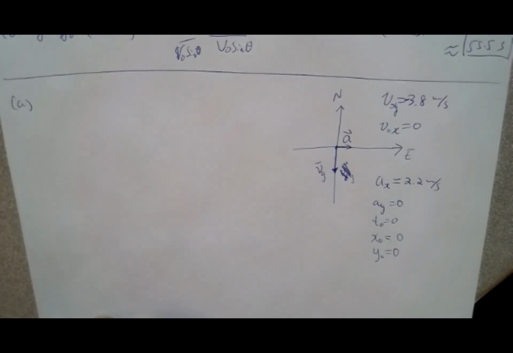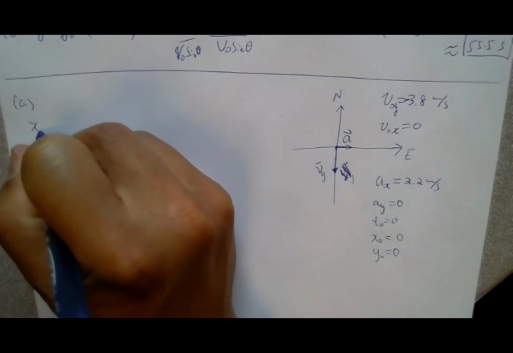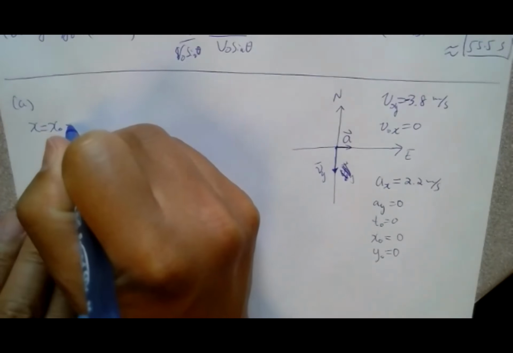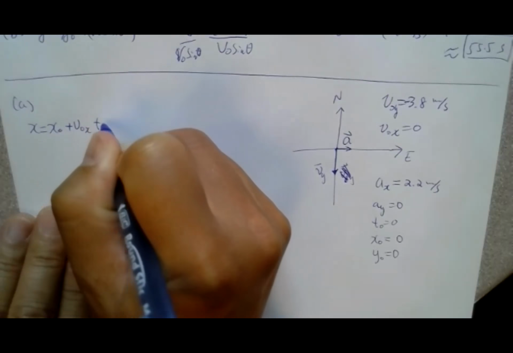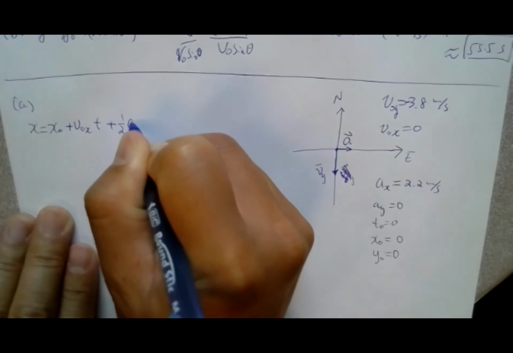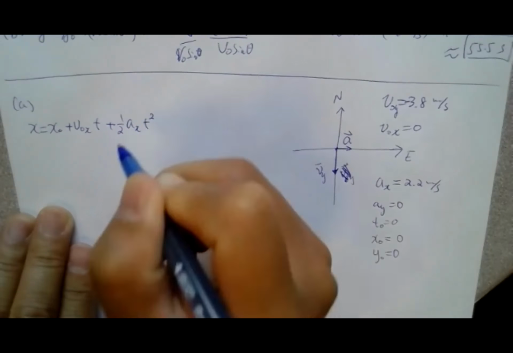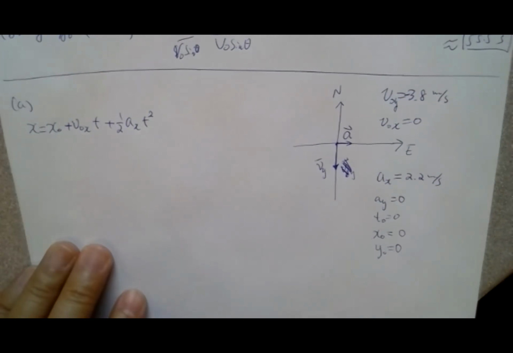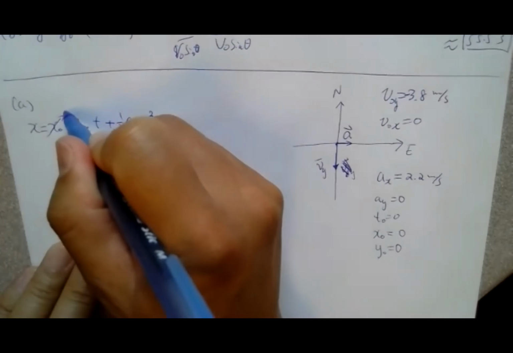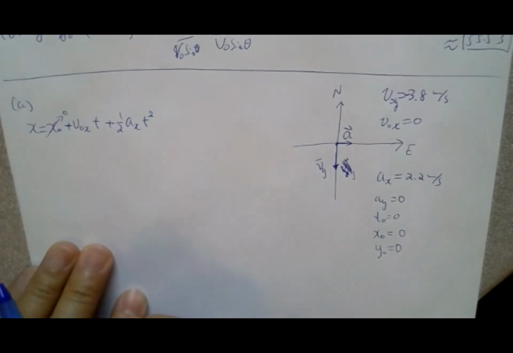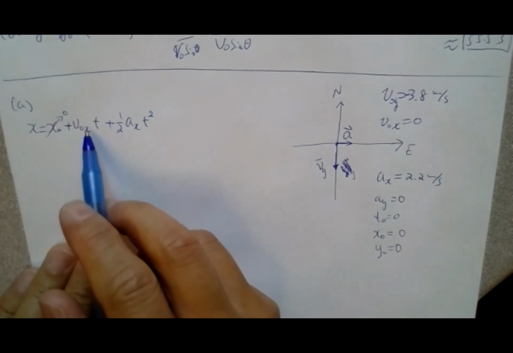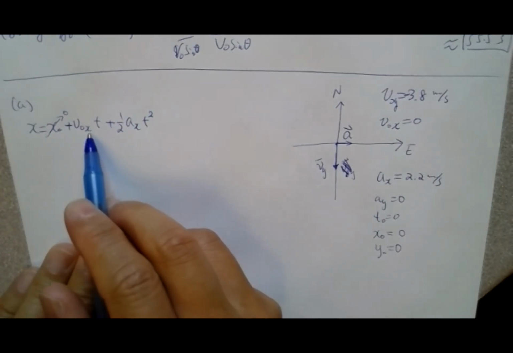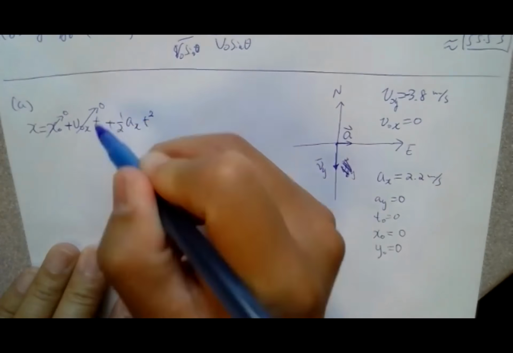Okay, so you look at the equations of motion, you are looking for X position and Y position. You can use X equals X naught plus V0 X times t plus 1/2 AX t squared. That's the first equation in the previous slide. The X naught is 0, and V naught X is also 0, so the second term is also 0.